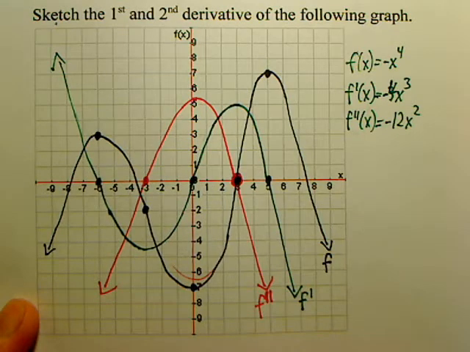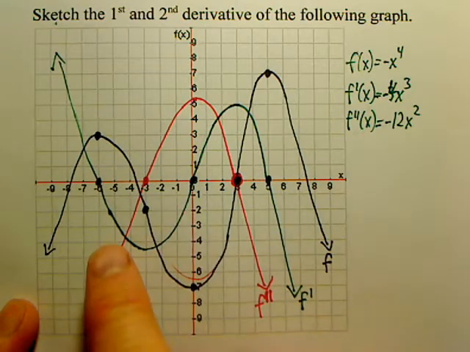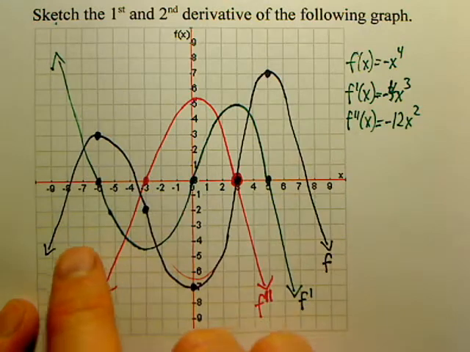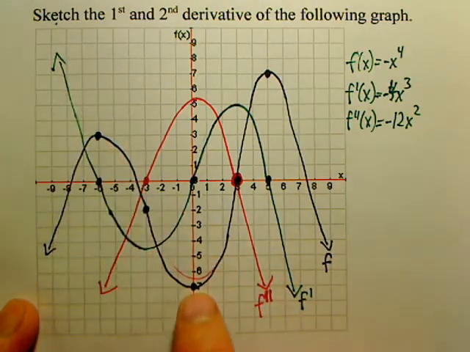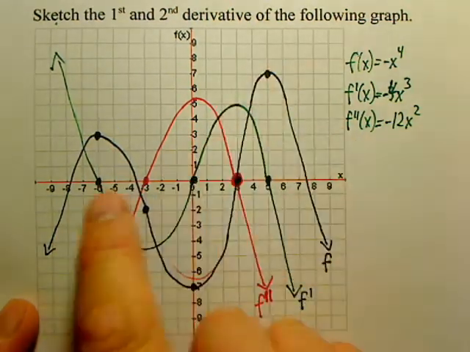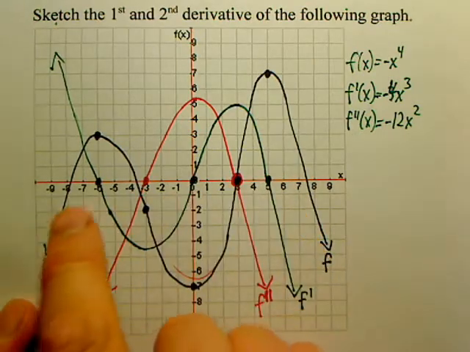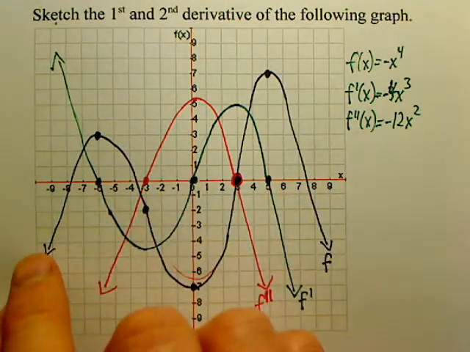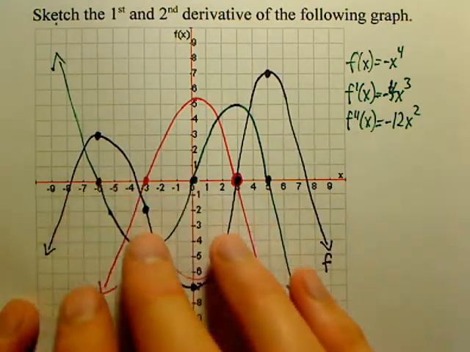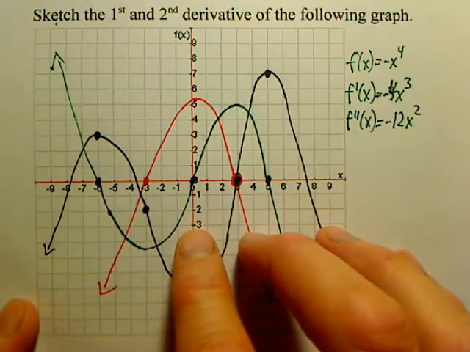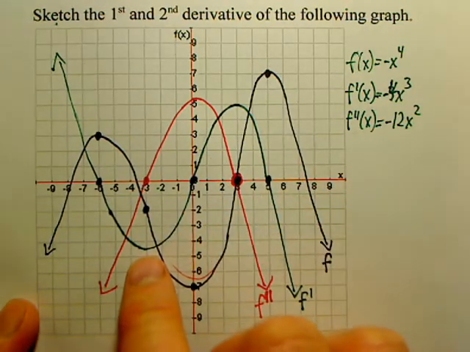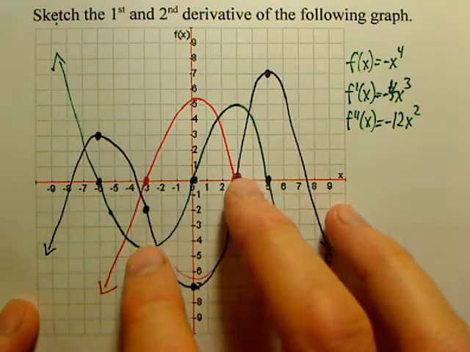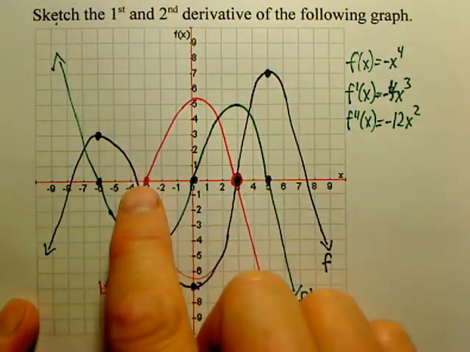All right. Recap. When you want to sketch the first derivative, you look where the slopes are 0. Bam, bam, bam. And then you look to see where it's increasing or decreasing to know how to draw between those dots. And the relative maxes and mins will be at the points of inflection, where the second derivative is 0.